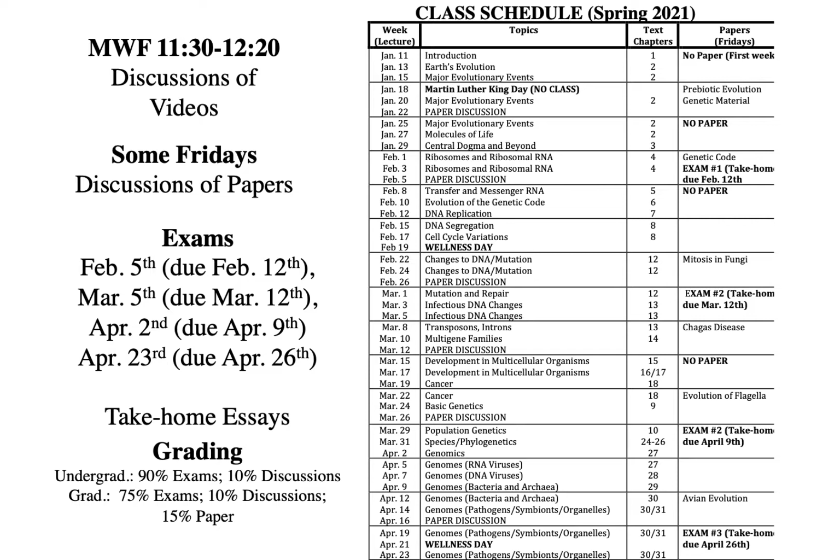For graduate students, because they're required to do a paper, which consists of a research paper or a summary of a research paper or set of papers, then 15% of their grade is on that, and 75% is on the exams, and 10% on the discussions.